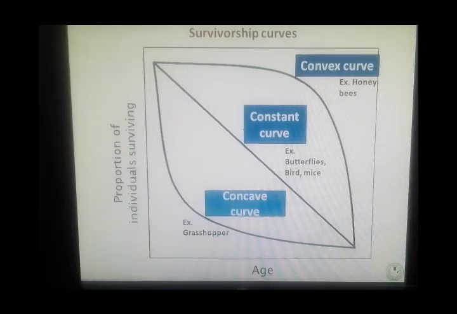I've given the example here that you can get the convex curve in case of the honeybee population.